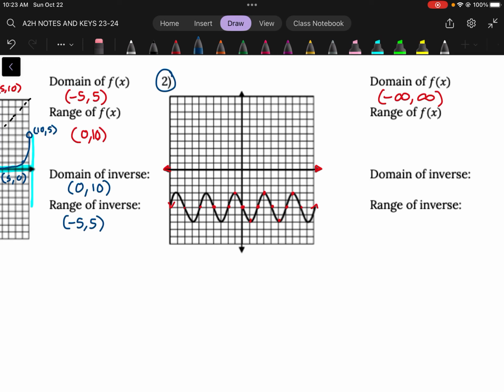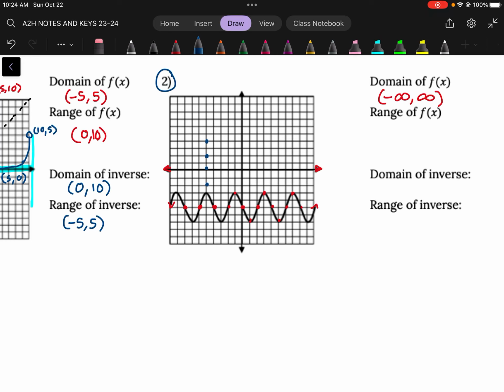So I can see, for example, that the point 0, negative 5 goes to negative 5, 0. If I start to graph all of these points down the middle, I start to realize, okay, this is 2, negative 5. That's going to go to negative 5, 2.